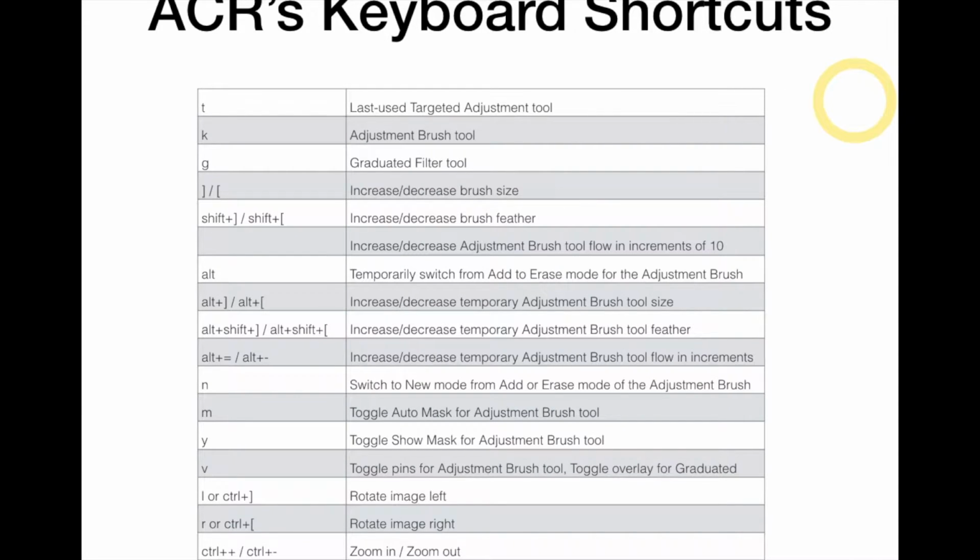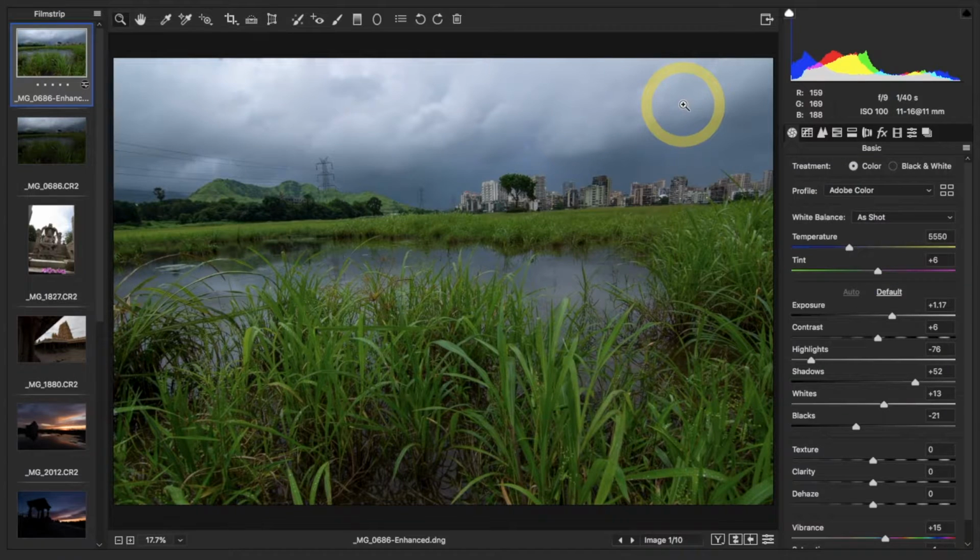So let's start processing our image through Adobe Camera Raw. Okay, now we are here in Adobe Camera Raw. Whenever you open any raw file, it will first cycle through Adobe Camera Raw, and then you can either directly save it from here or take it to Photoshop for further processing or editing.